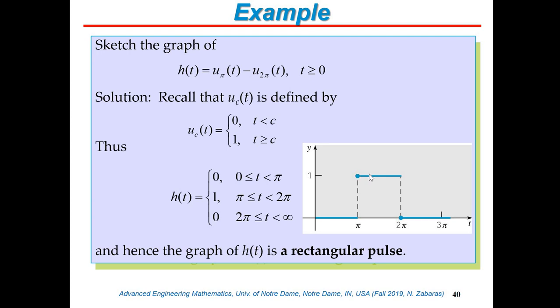So this will give you 1 after pi, but because you want 0 after 2 pi, you're going to have to subtract the function that gives you 1 after 2 pi. So you can again see that this compact notation here represents this rectangular pulse between the values of pi and 2 pi.